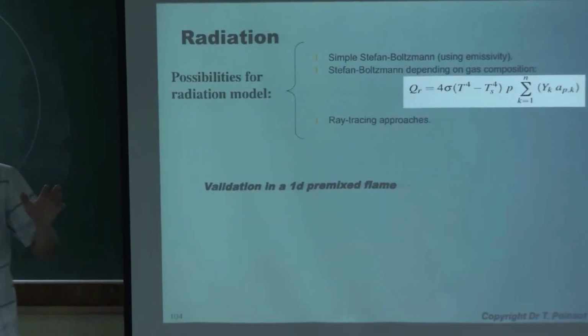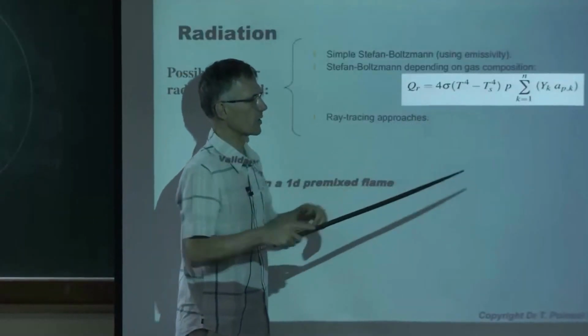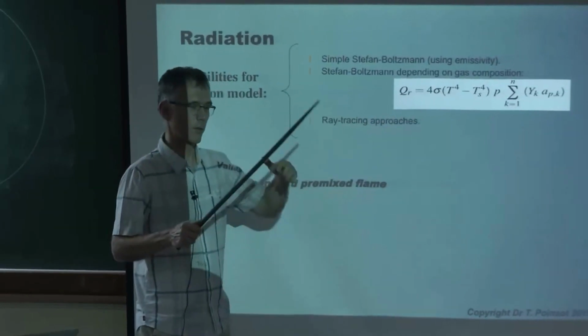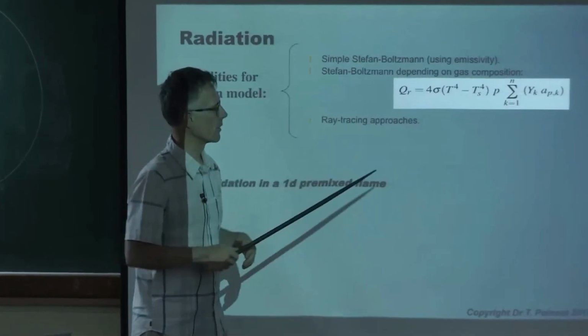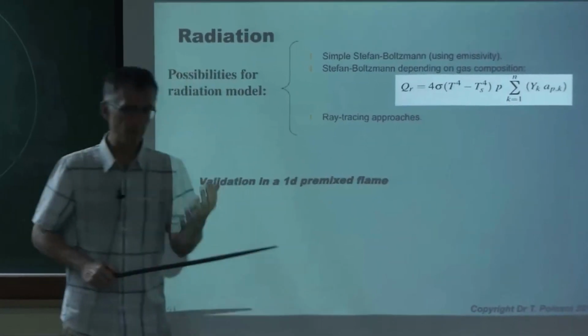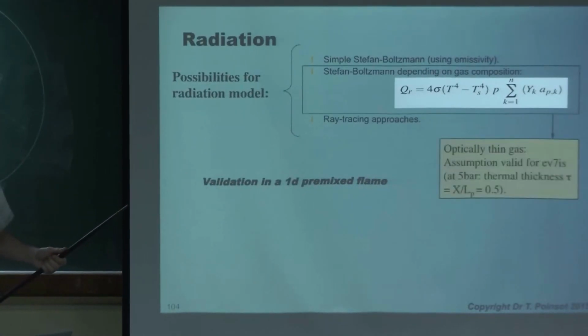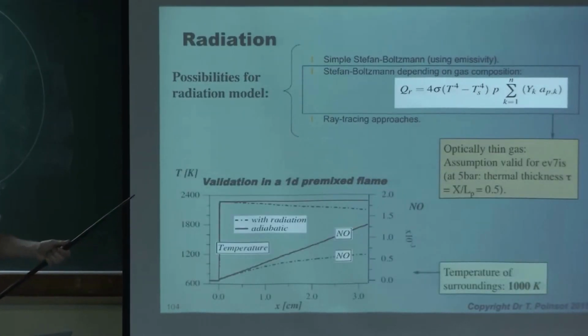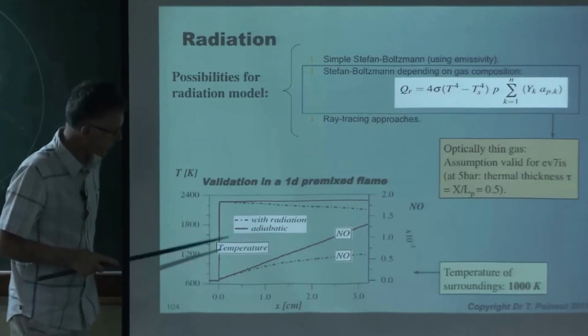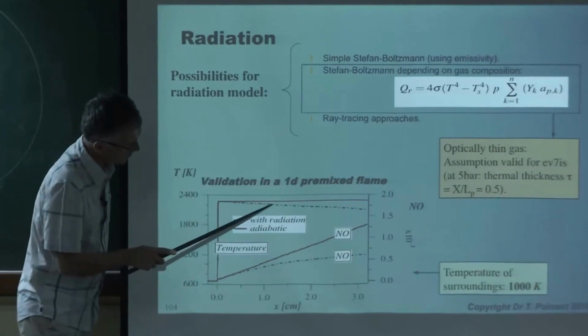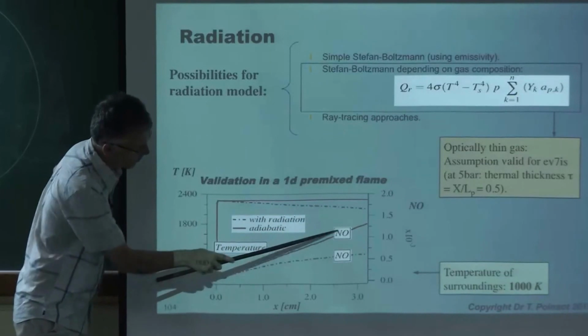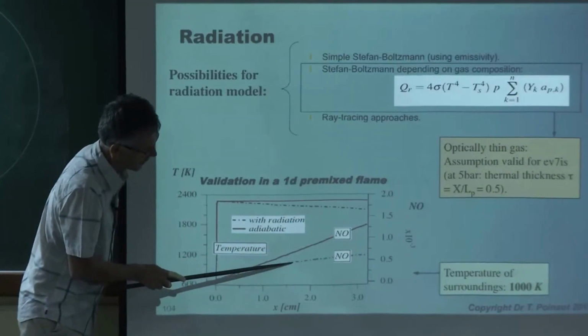You don't know where it's going, okay? You just know it's going to TS, which is the temperature of the infinite medium. And that gives you an estimation of the flux, which is better than doing nothing. So when you do 1D flames like this, with radiation, temperature goes up, then it goes down, and the NOx goes up, but then it's less when you have radiation, okay?